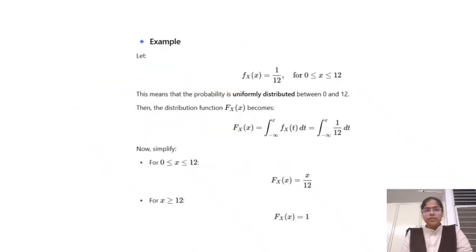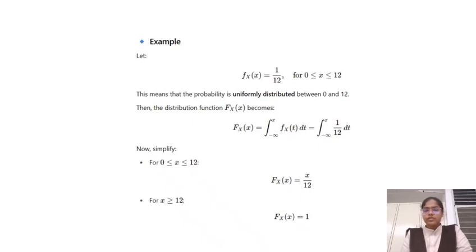For example, let f_X(x) be 1/12 for 0 ≤ x ≤ 12. This means that the probability is uniformly distributed between 0 and 12. Then the distribution function F_X(x) becomes as shown in the figure.